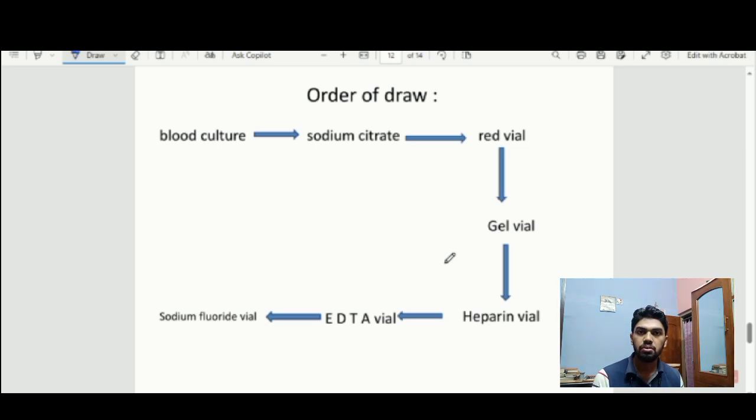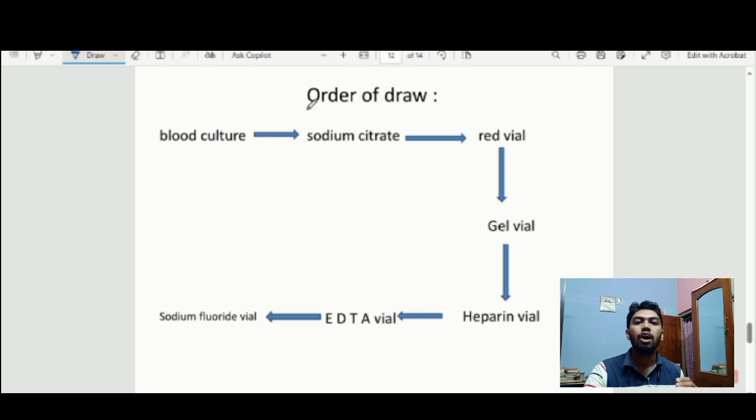So we read about the vials, and we read about the anticoagulants used in those vials. Now when you have collected blood, you have to put that blood into the vials. So you have to maintain a proper order of draw.